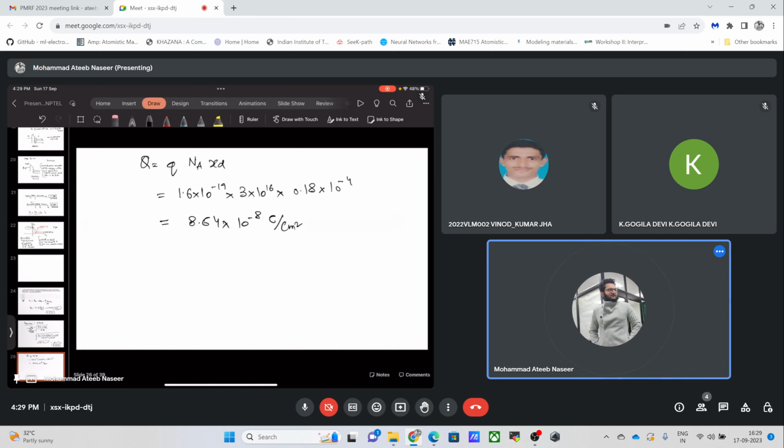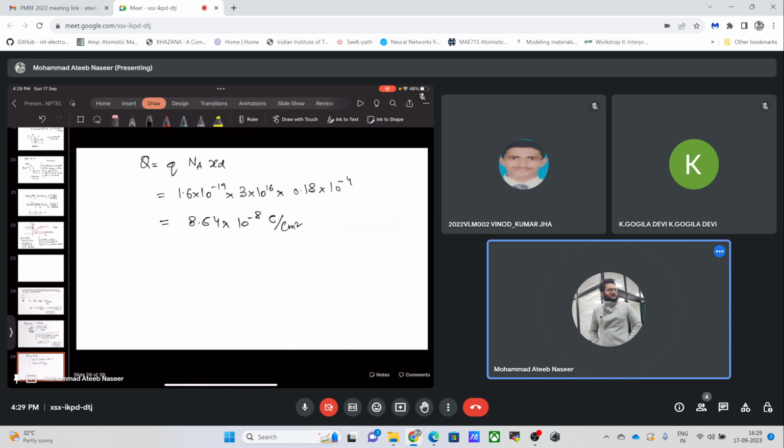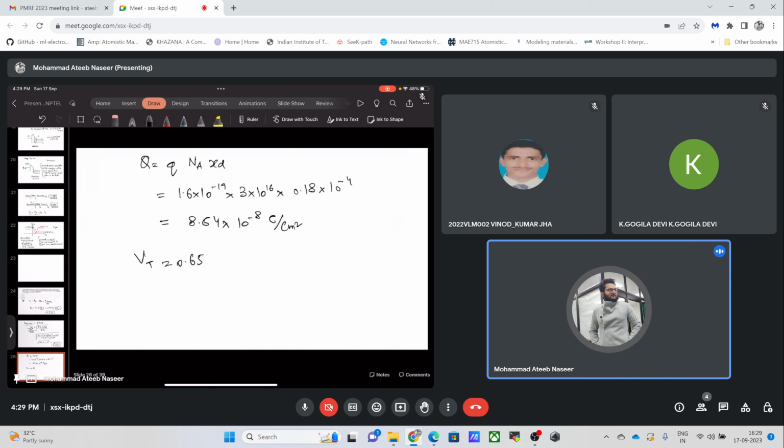Now the threshold voltage Vt is given to be equal to 0.65, and phi ms is minus 1.13.